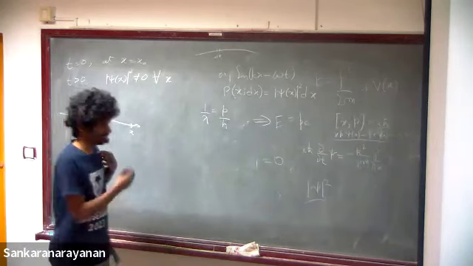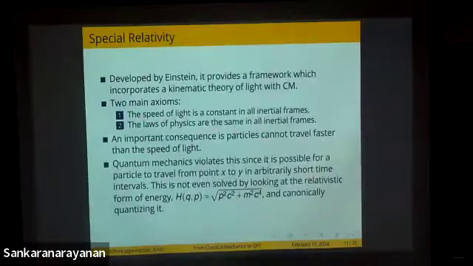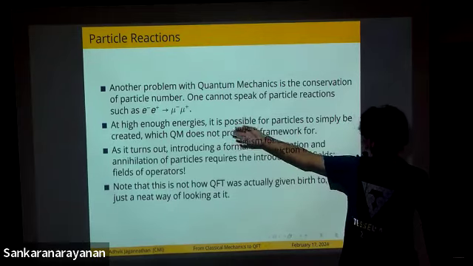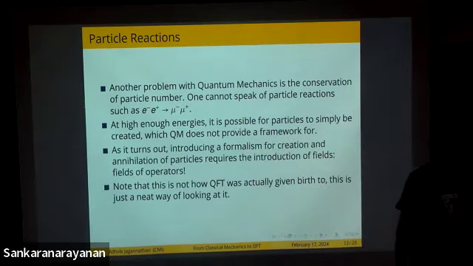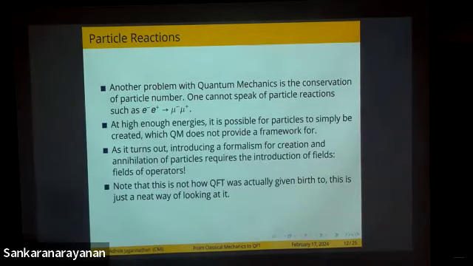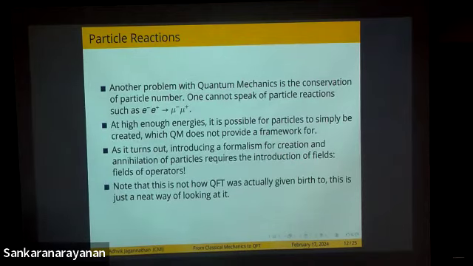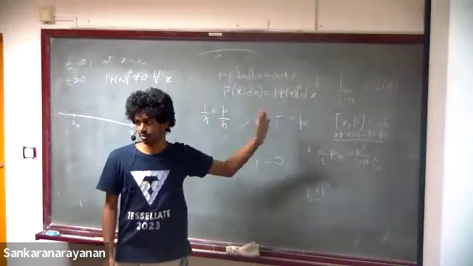Now, that's one problem. The second problem is that of particle creation, in the sense that you can have reactions such as electron positron giving you other particles, muons and antimuons. Now, quantum mechanics is inherently particle conservative, in the sense you're implicitly assuming particles to be conserved because the argument of the wave function is just one particle, which is constant all the time.